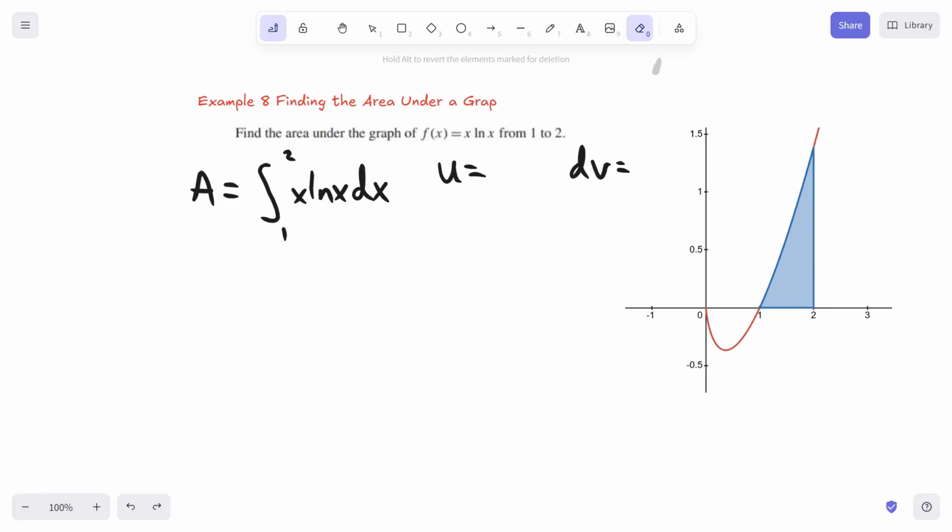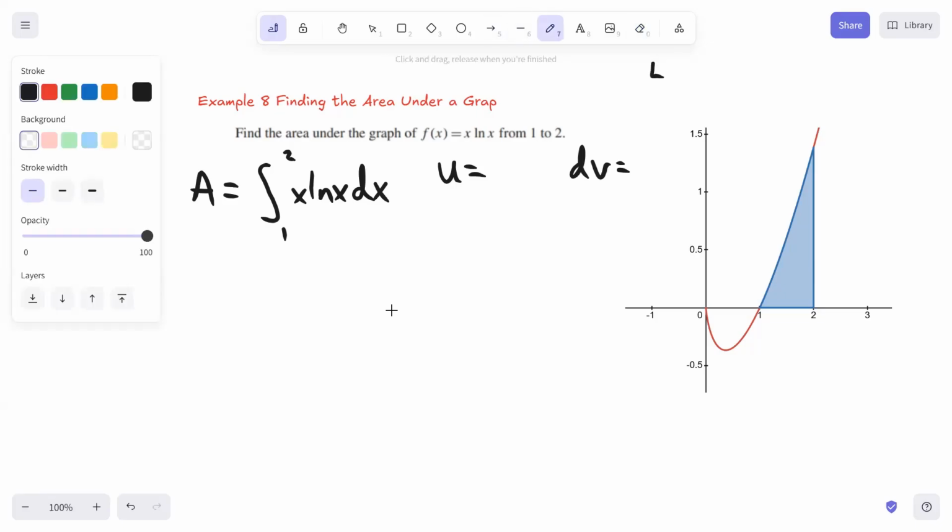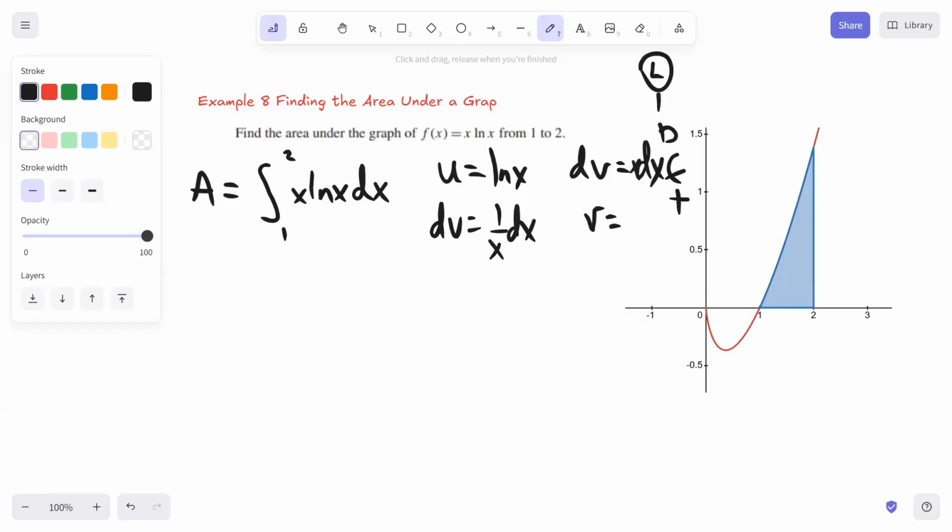So if we use LIPET, we do have a log, so u is going to be natural log x, and dv is going to be x dx. So du is 1 over x dx, and v is 1/2 x squared.